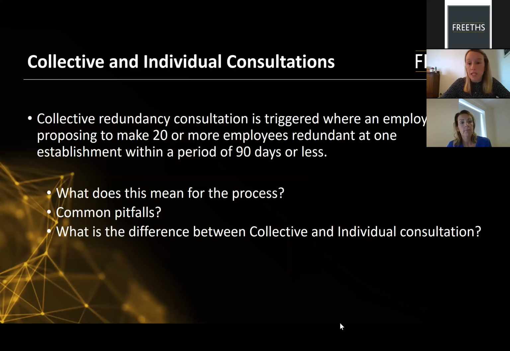Secondly, if there is a redundancy situation, then you need to be aware that it's going to come at a cost. There may be a redundancy payment that will need to be made, which if you have an enhanced scheme, may be relatively significant if you've got a long-serving employee.